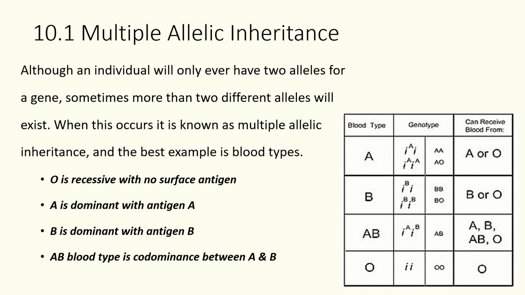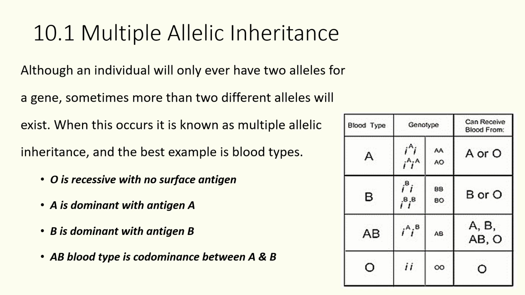Now, this is not an example of polygenic inheritance in that it's only controlled by one gene, but it's multiple or polyallelic in that we don't just have the normal 2 alleles. We actually have 3 possible alleles that could result, as opposed to 2 for every example we've looked at so far. So our possible alleles are O, A, and B, and the result of that is 4 potential phenotypes.